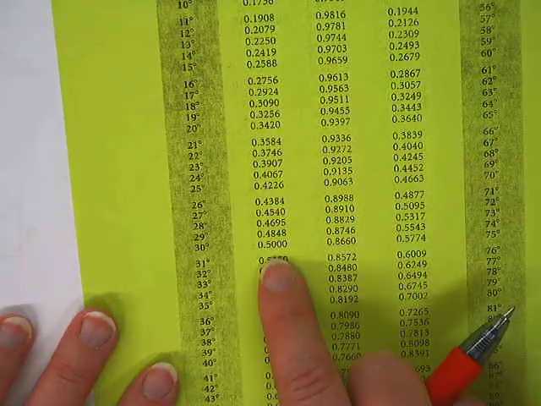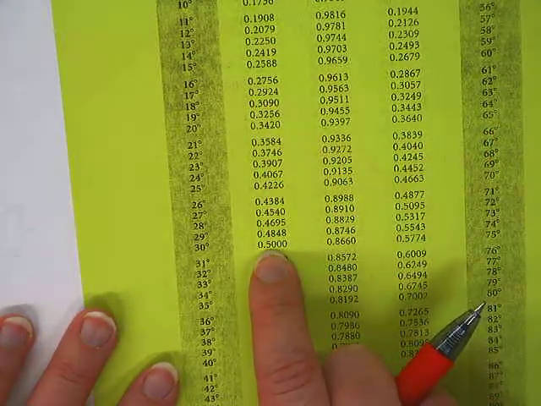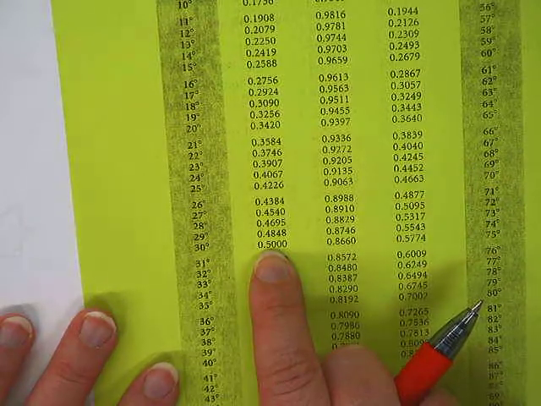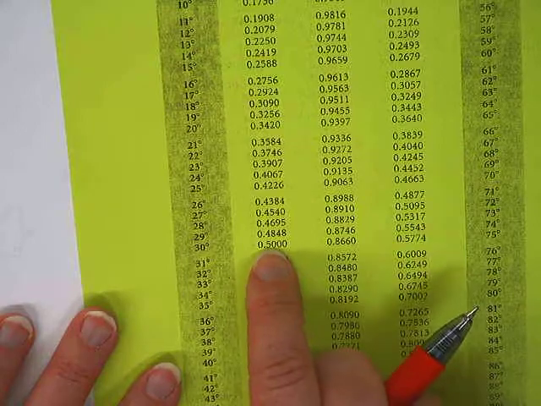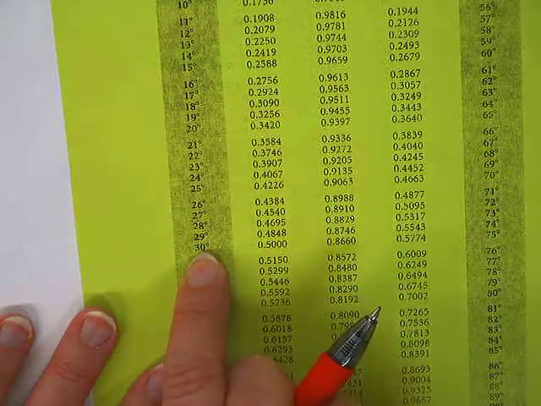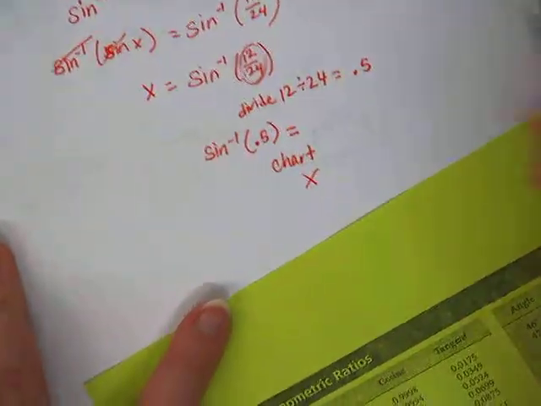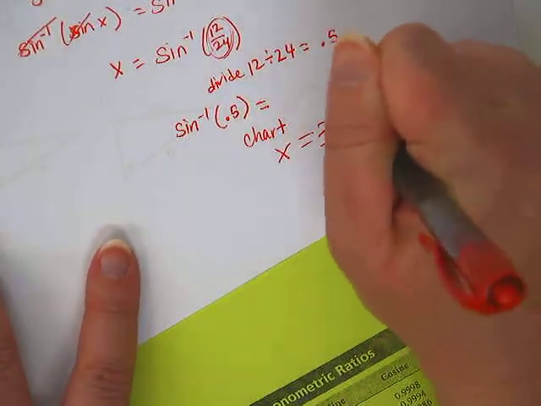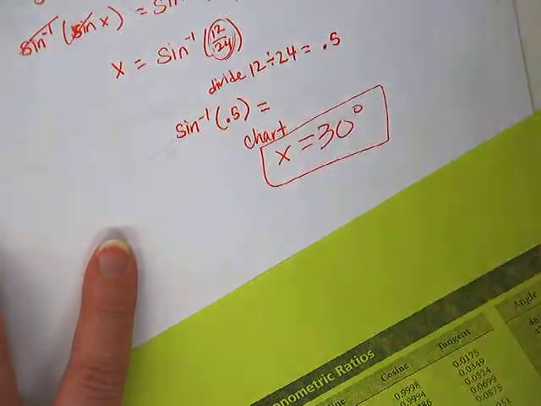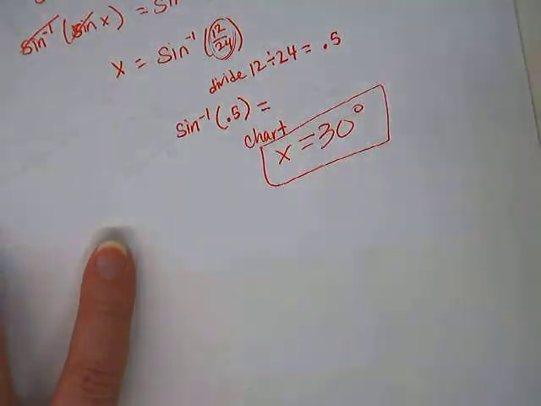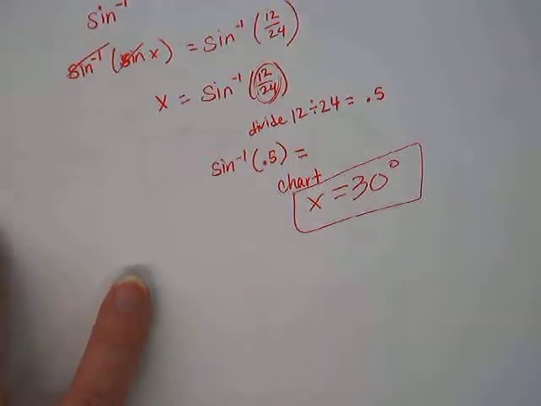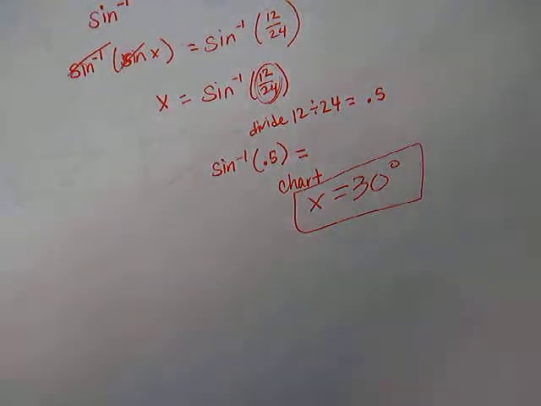So all we have to do is look at the sine value and find as close as we can get to 0.5. Oh, look, there, it's exact. 0.5. So since sine is 0.5, the angle is what? So the answer is simply x equals 30 degrees. Isn't that kind of cool? Yeah. So all we're doing on this assignment is going backwards.